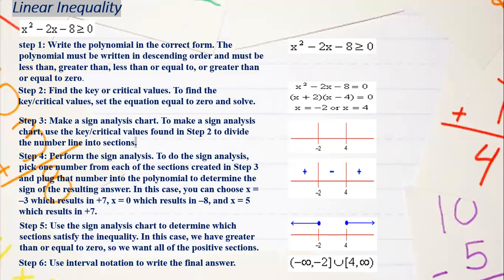In this case, we have greater than or equal to 0, so we want all of the positive sections. Step 6 would be to use interval notation to write the final answer. So the answer would be negative infinity to -2, joined with 4 to positive infinity.